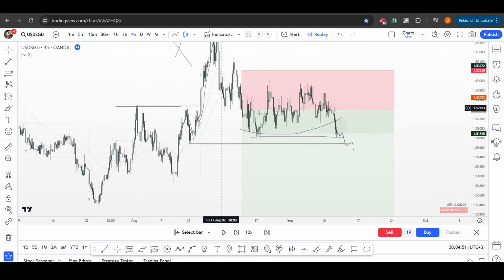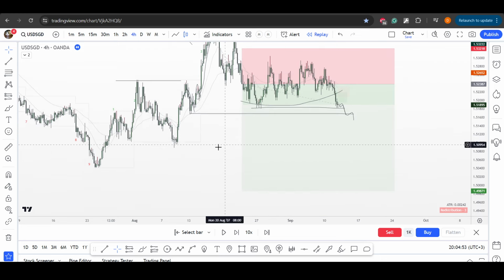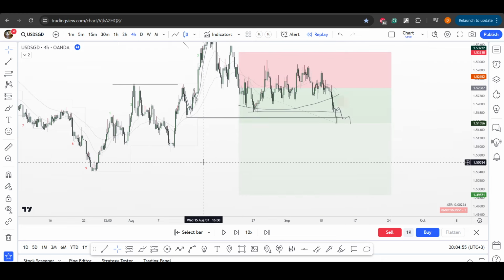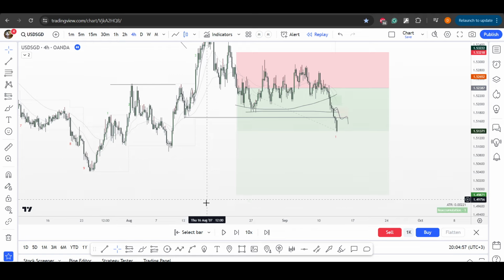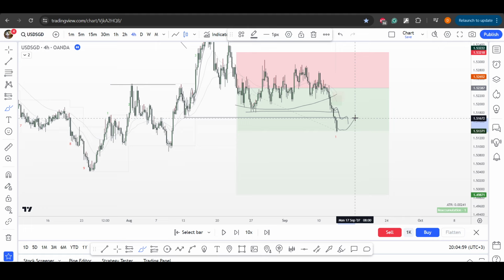Again, let's come back to the trade. If it will break somewhere here, I'm good to go for break even. But yeah, ideally we'll have it like this, and this a break even level.